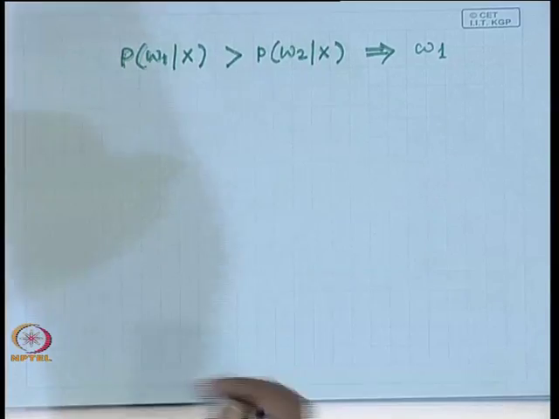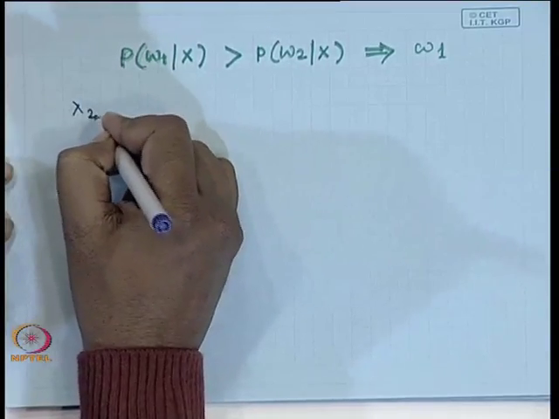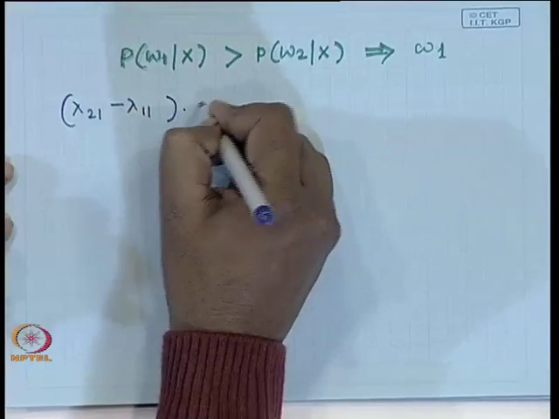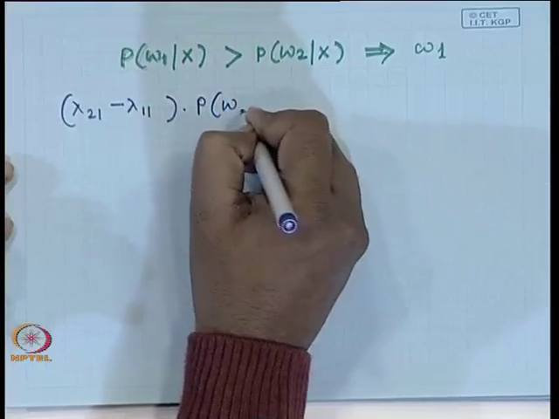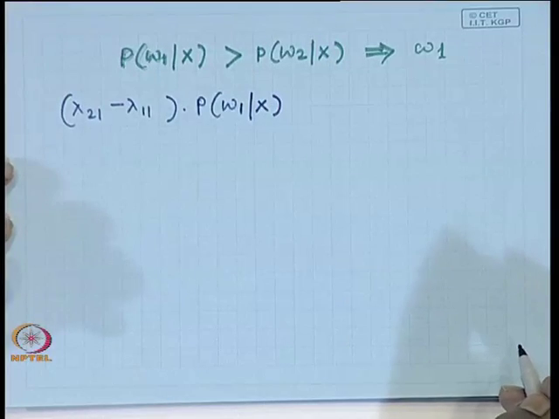Okay. Whereas, in the minimum risk classifier, this becomes lambda 2 1 minus lambda 1 1, which is weighting the a posteriori probability p of omega 1 given x.